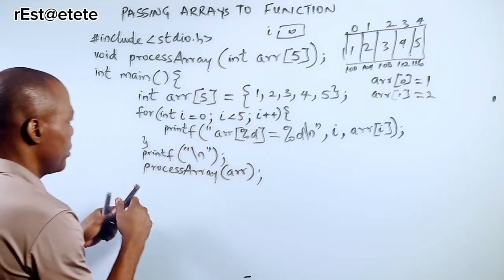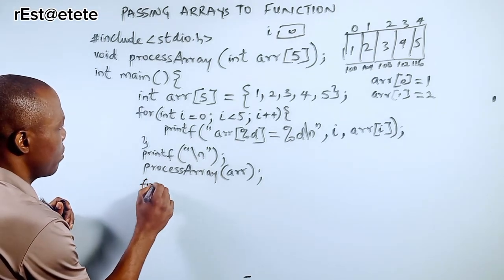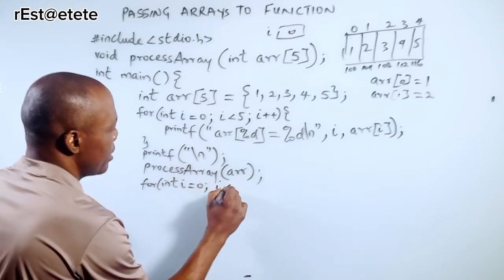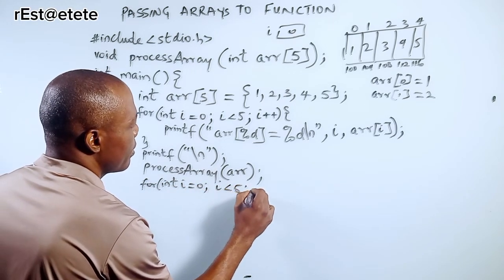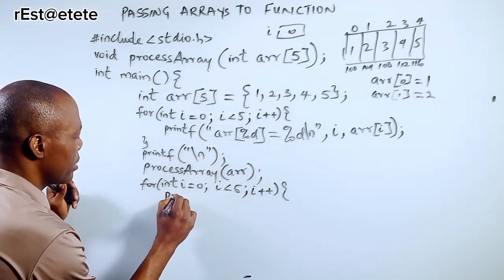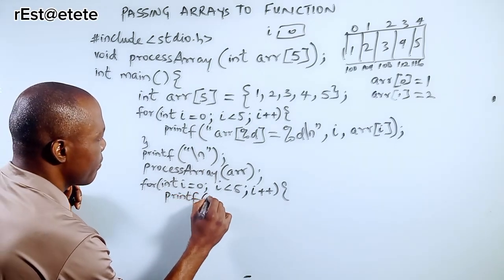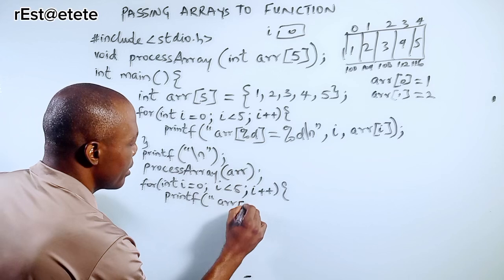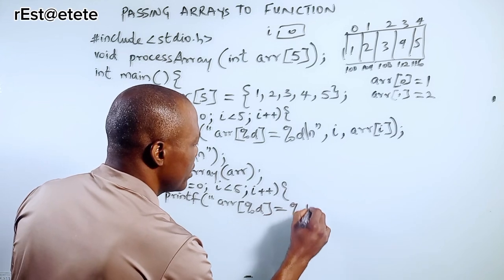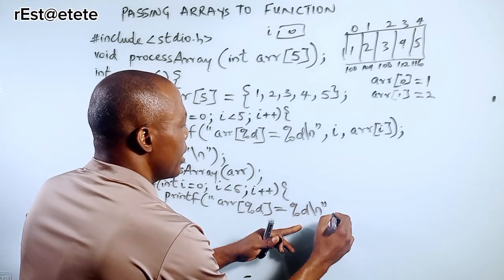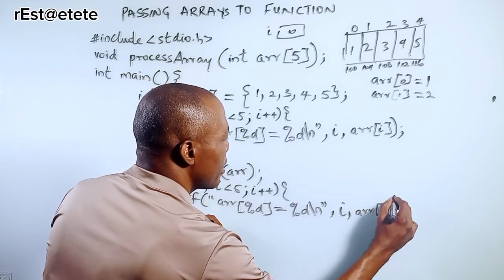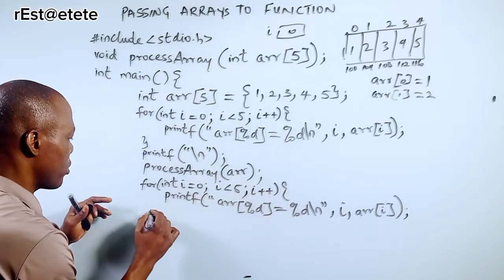This same for loop, I'm going to repeat it here. So I'll say for int I assign 0, I less than 5, I plus plus, then printf array %d equals to %d\n, then comma I, ar, which is the array I. So I'm doing this, then I will close this again.